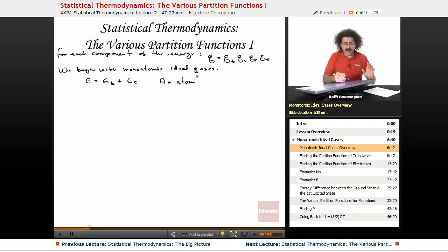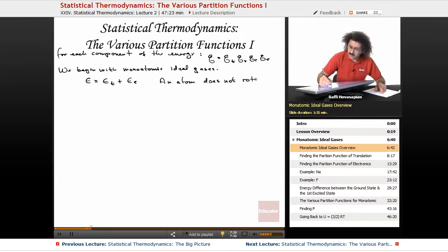So the energy of an atom consists of only two components: the translational energy, its energy of motion, and the electronic energy.